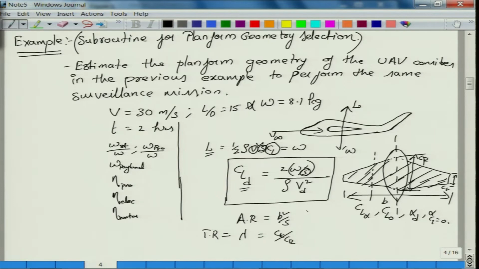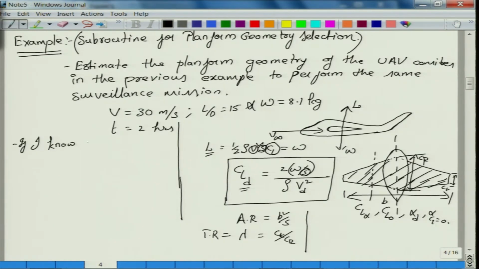Now, if I know S and AR, I will be able to find out the span of the UAV for that particular S and aspect ratio, am I correct? So, once I know B, S is equal to B by 2 times CR times 1 plus lambda.